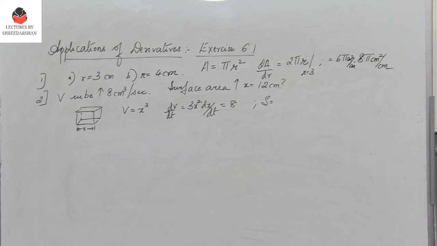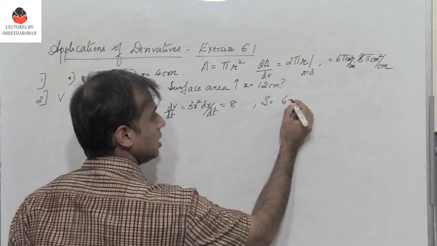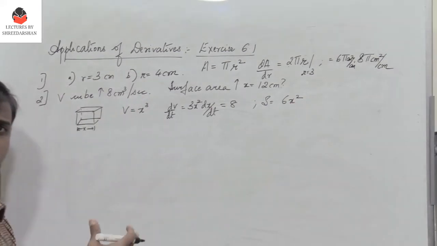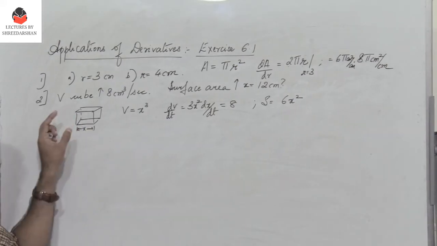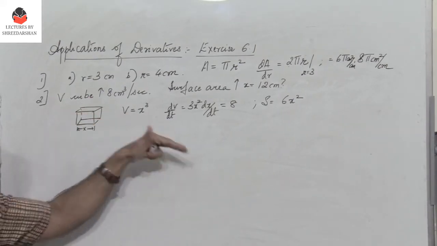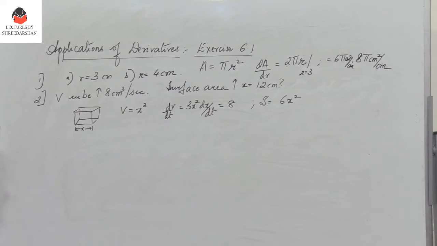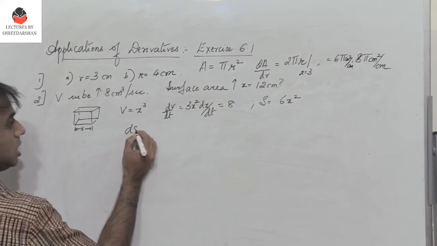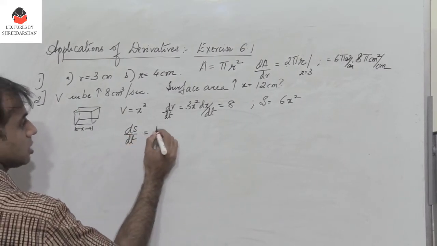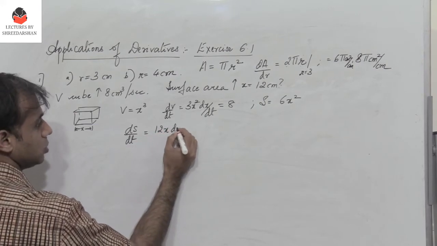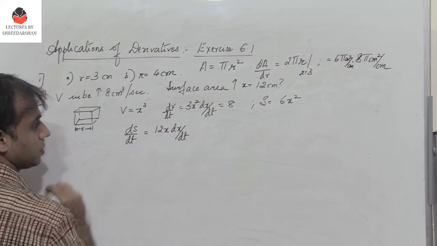The surface area of the cube is 6x square. There are 6 sides, and the surface area of one side is x square. So what is ds by dt? ds by dt equals 12x into dx by dt.